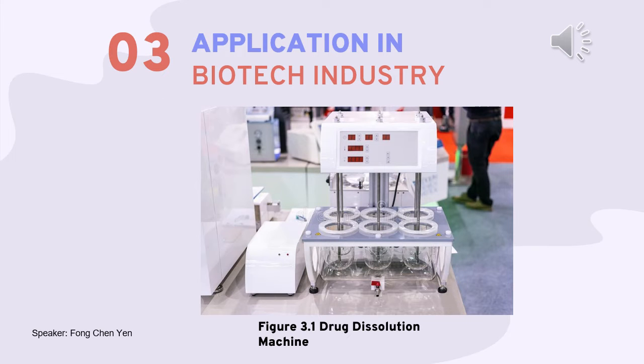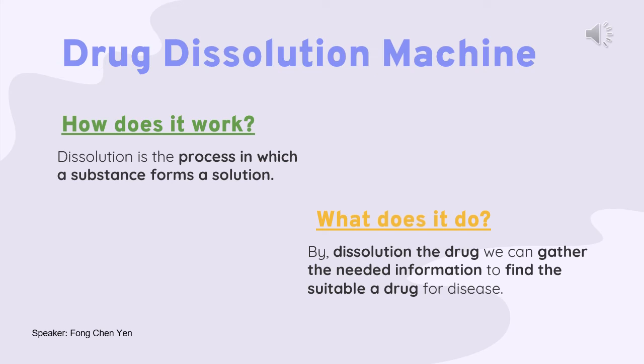Now we'll be talking about how integration and differentiation can be applied in the biotech industry. The biotech application we have chosen is a drug dissolution machine. So how does it work? Dissolution is the process in which a substance forms a solution. With dissolution in drugs, we can gather the needed information to find a suitable drug for diseases.